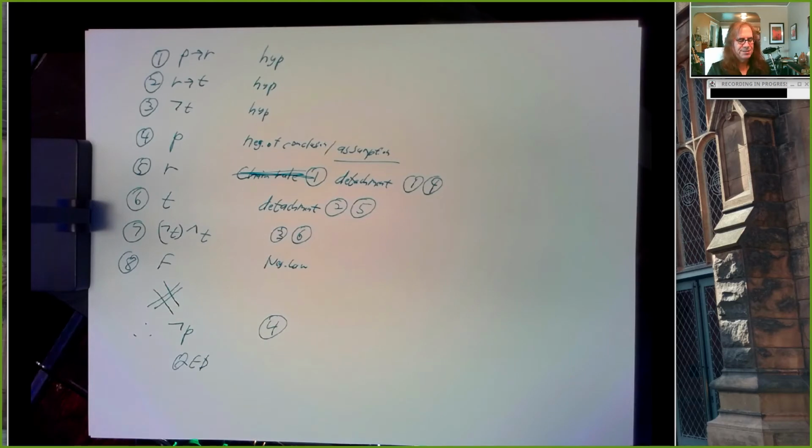And usually, one of these directions is easier than the others. Sometimes it's almost impossible to do a direct proof, and an indirect proof is very easy. And sometimes the other way around.